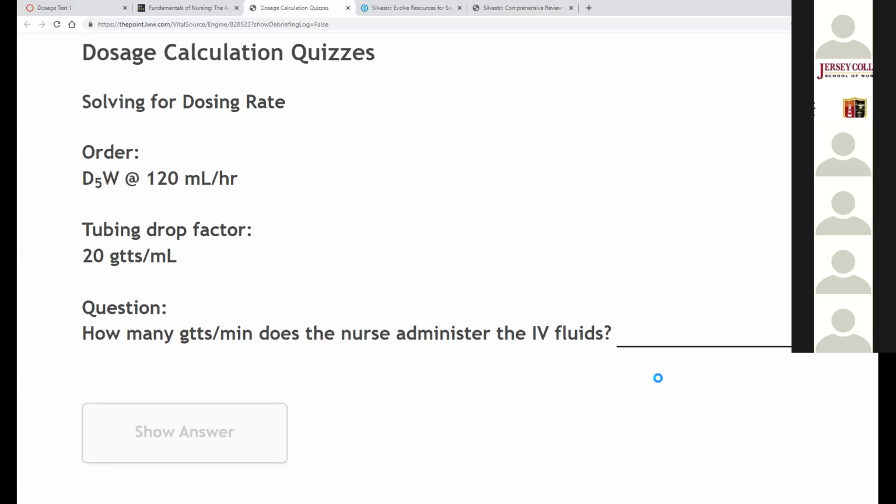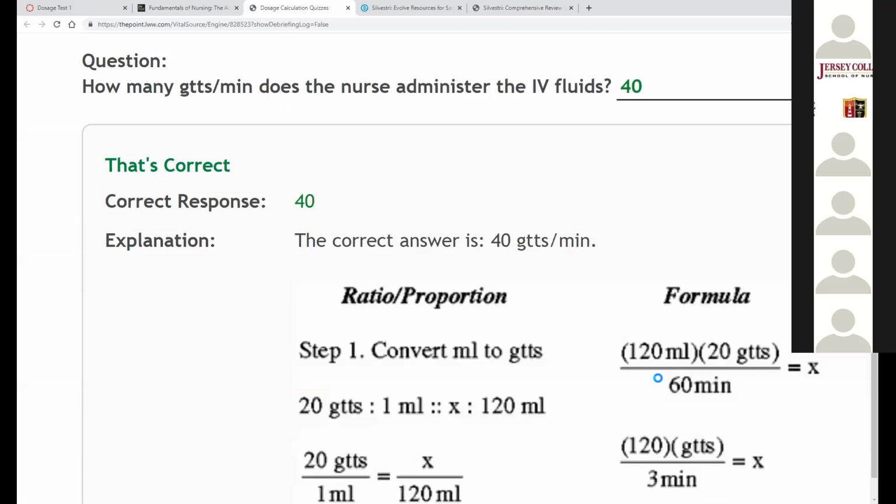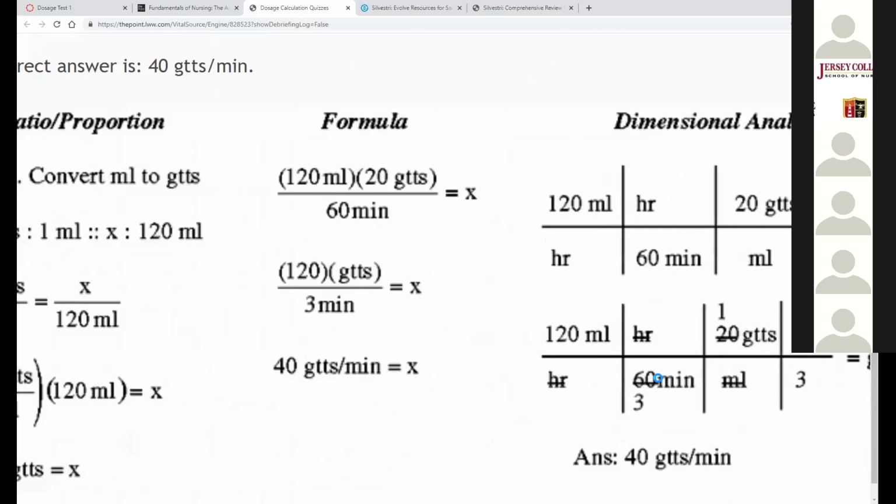Because the quiz gives me a time frame, and that makes me feel flustered and anxious, because now I've got to get it done, or it's going to mark me a 0. The answer is 40 drops per minute. Look, you're rock stars. See, you got it. There's your formula in the middle.